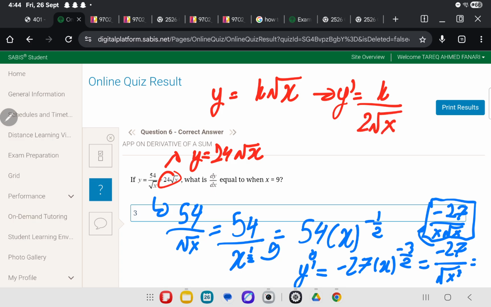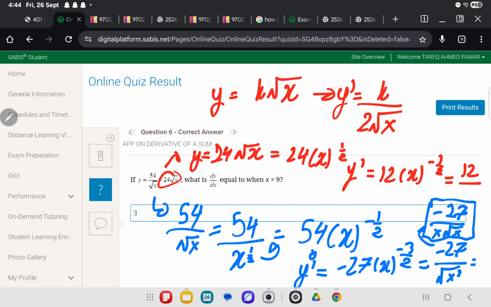Obviously, you can find this by deriving, and if you want me to, I will do it right now. This can be rewritten as 24 into x to the power of 1 over 2, so y prime equals 1 over 2 times 24, which is 12, x to the power of negative half. When I take this down, it's 12 over radical x, and that's my answer.